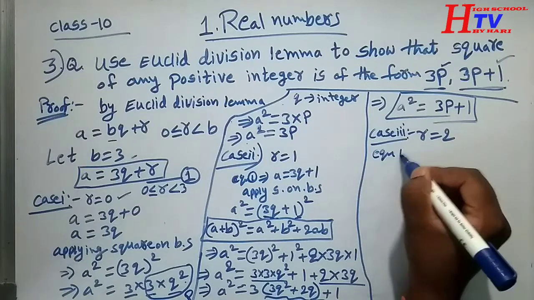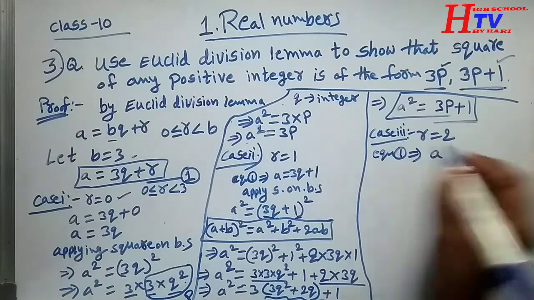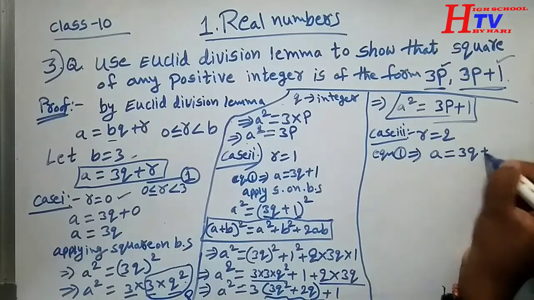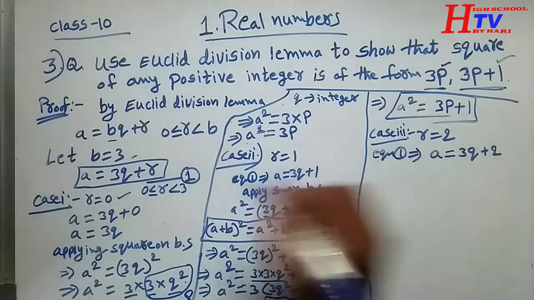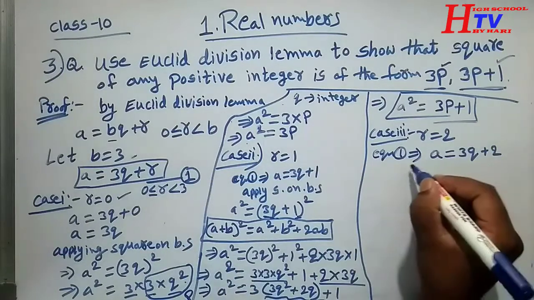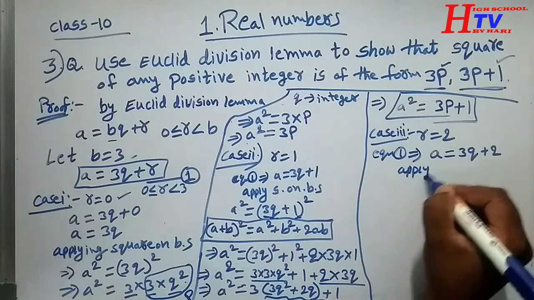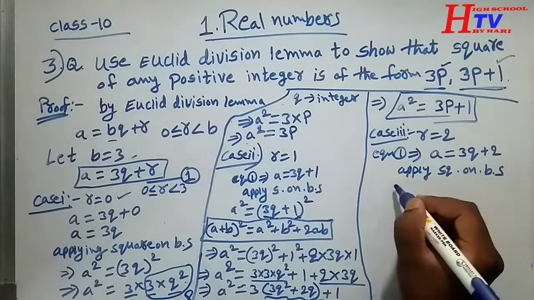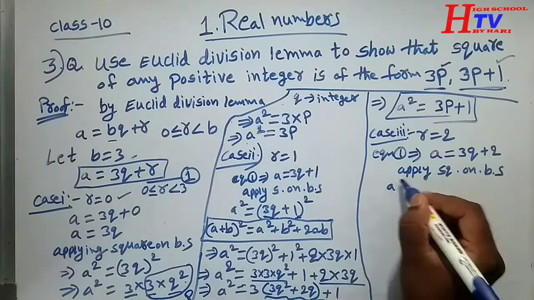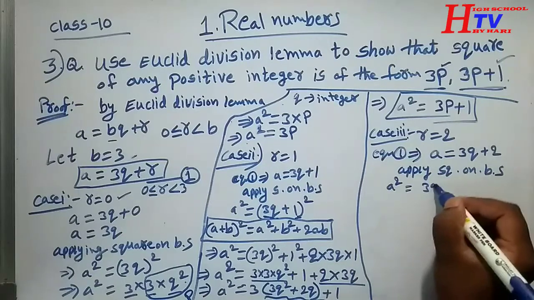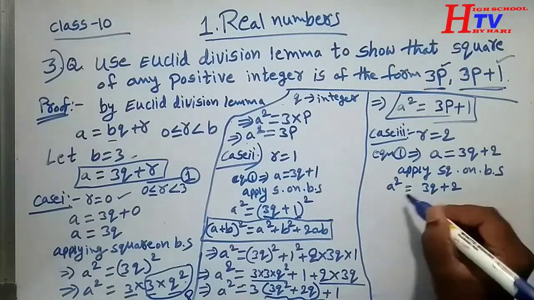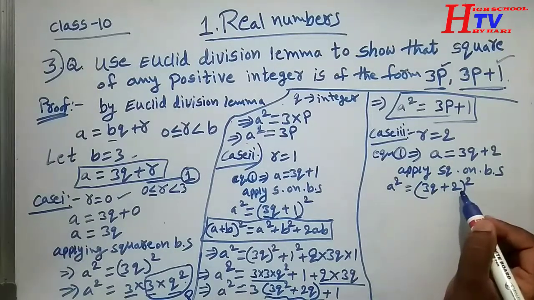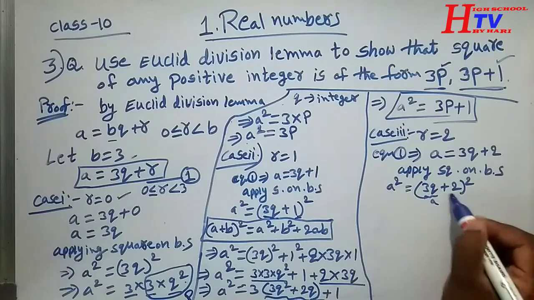Then equation 1 implies a equals 3q plus 2, in the place of r substituted 2. Applying square on both sides, a square equals 3q plus 2 whole square. It is in the form of a plus b whole square. It is a, it is b.